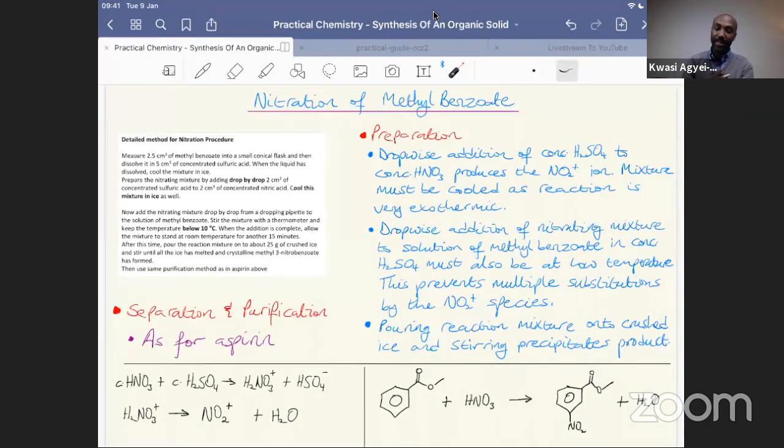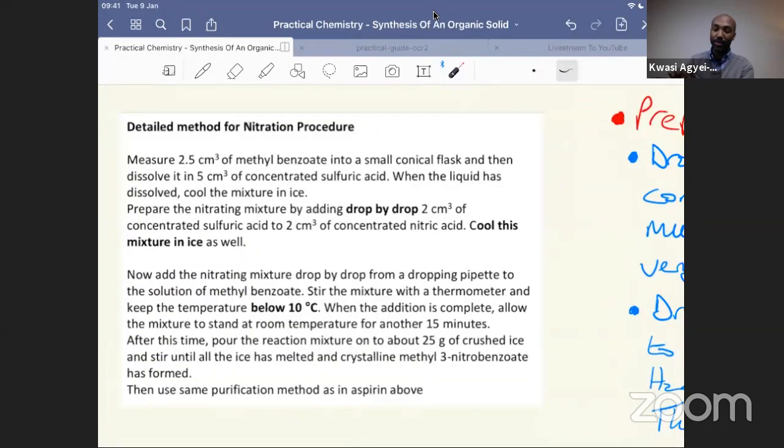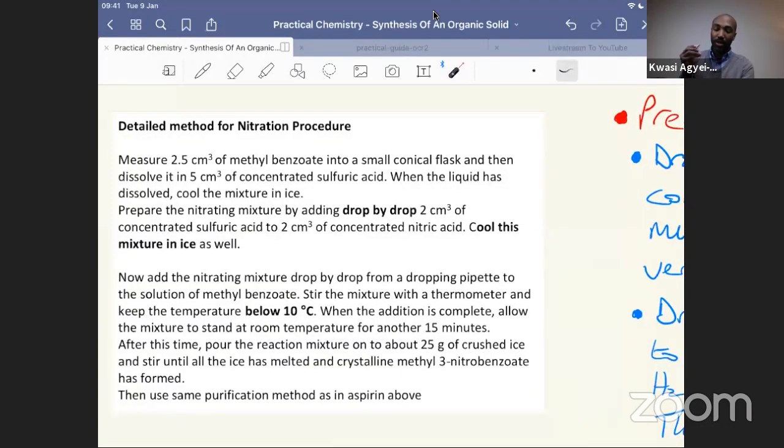Okay, so let's look at how to go about nitrating our methyl benzoate. The first thing to point out is that your methyl benzoate, which is a solid, is going to be dissolved in some concentrated sulfuric acid, and this needs to be done carefully.